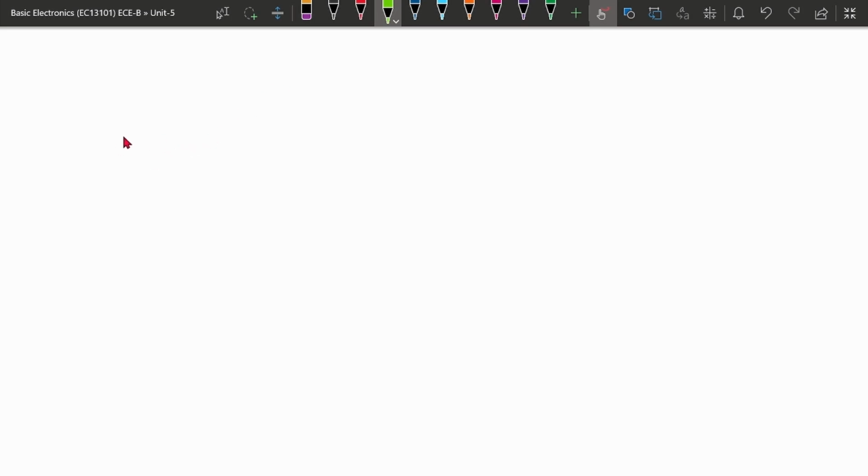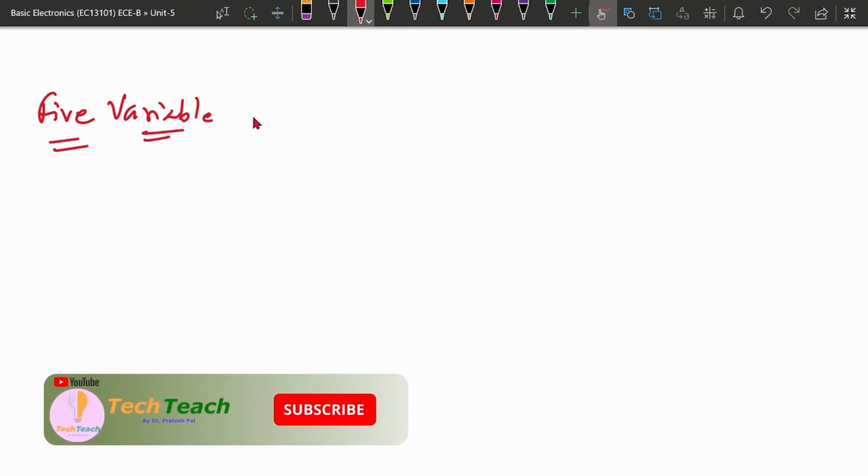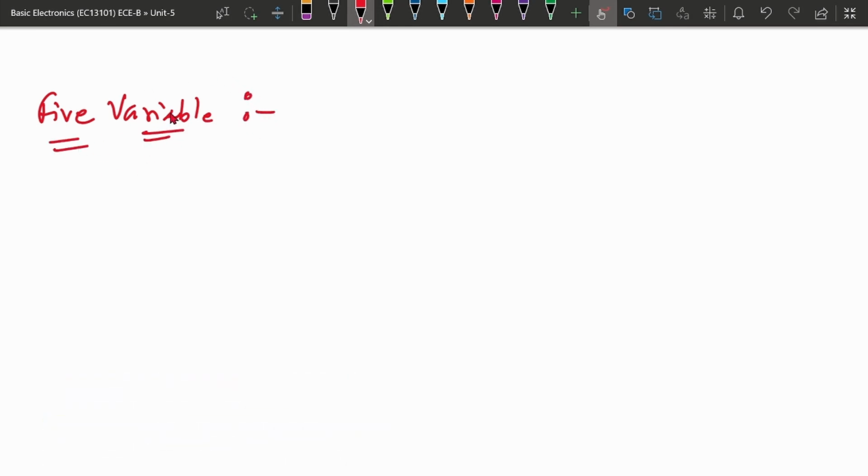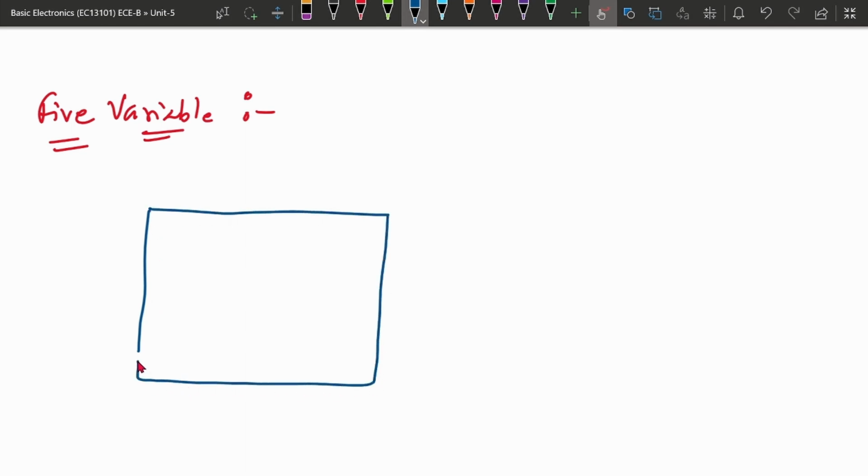And one more we can see is 5 variable. With the help of K-map, up to 4 variables we can do easily, but up to 5 variables we can also do. For 5 variables the K-map is defined like this; for 4 variables we have already seen the K-map.